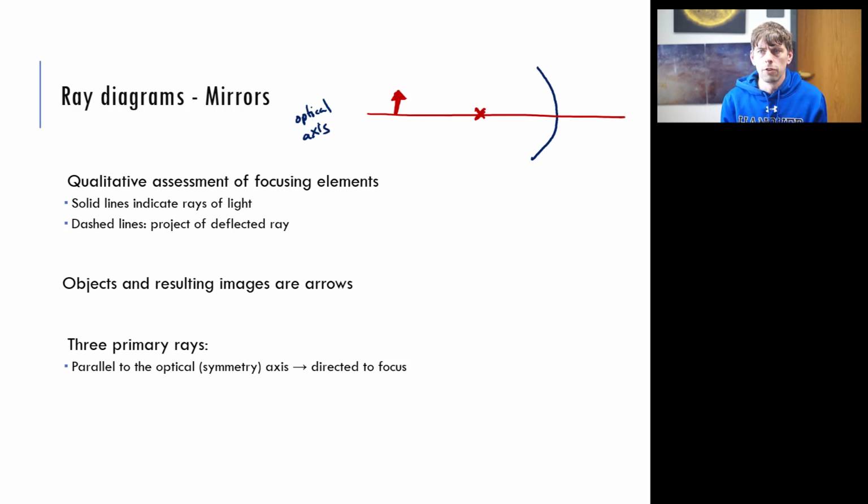Okay? So the first ray that we're talking about, let me do it in some different color. We'll do it in orange. The first ray we draw comes from the top of the object, parallel to the optical axis, striking the mirror, and then for sake of argument, we'll say that this is the focal distance.